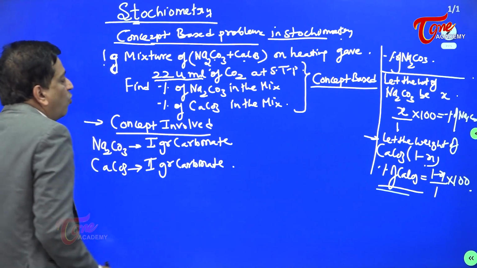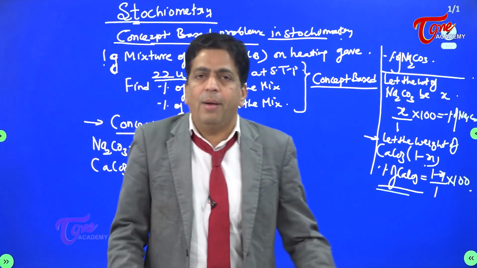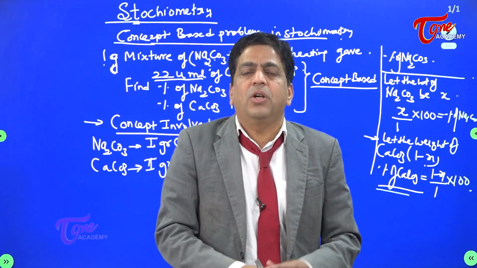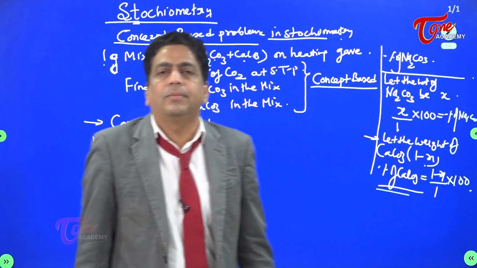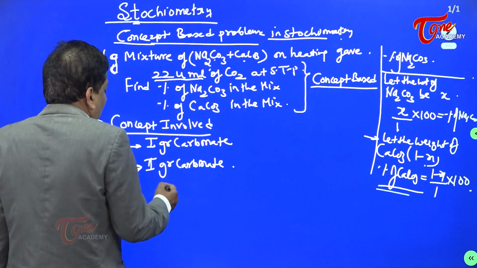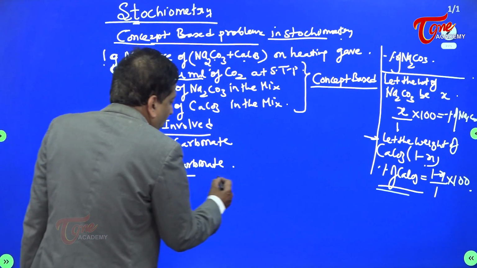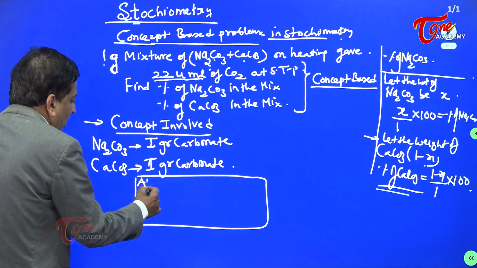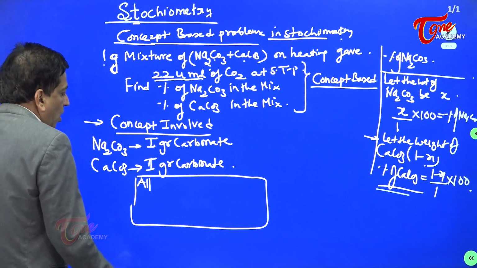I'm writing a sweeping statement for you, and you should remember it because this is also a question in the exam. Watch carefully here. This is a sweeping statement, mind you.